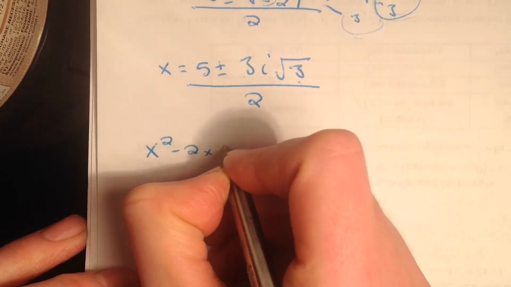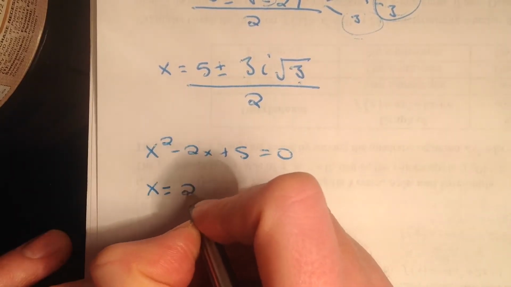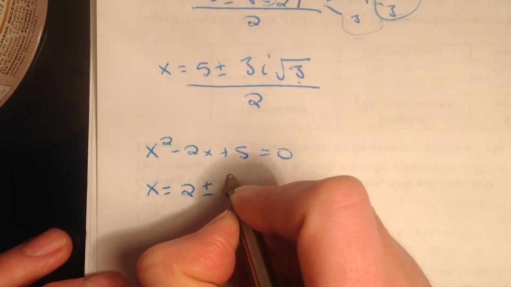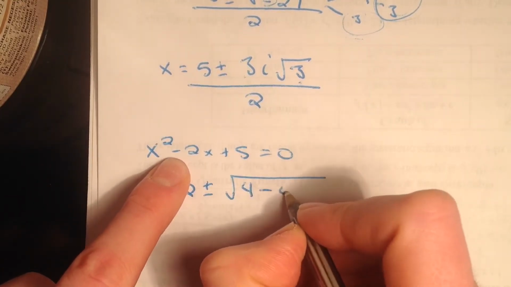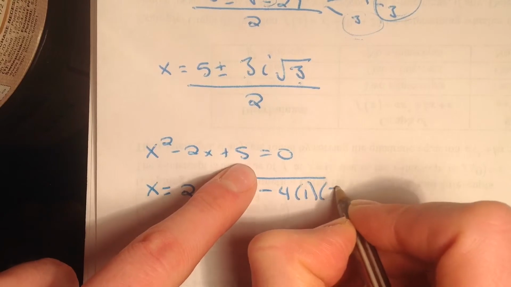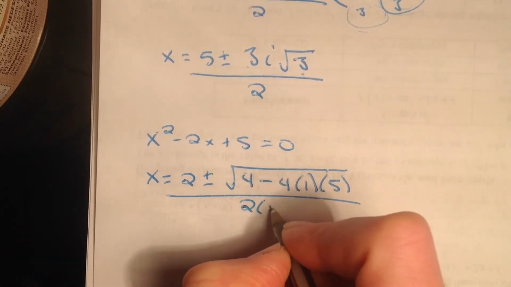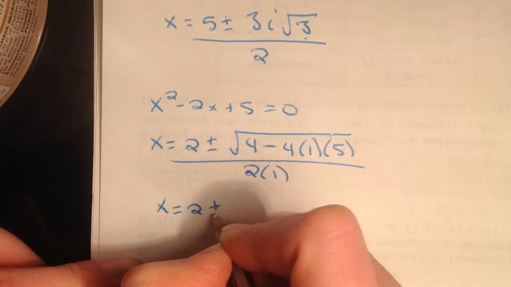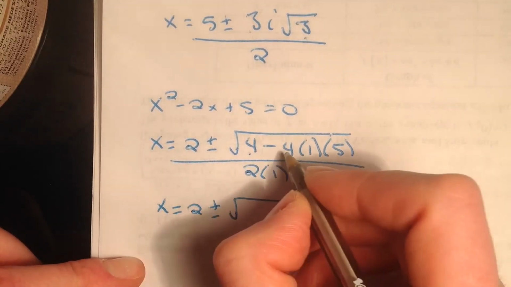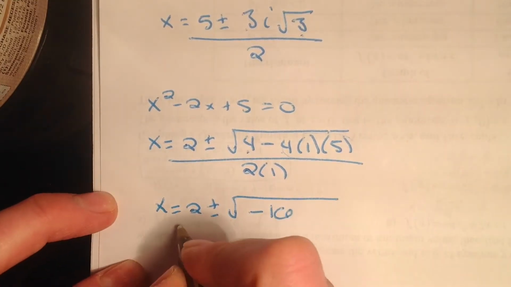Let's try one more. So x equals negative b, positive 2, plus or minus the square root of negative 2 squared, which is 4, minus 4ac all over 2a. So x equals 2 plus or minus the square root of 4 minus, this is 20, which produces negative 16 under it.